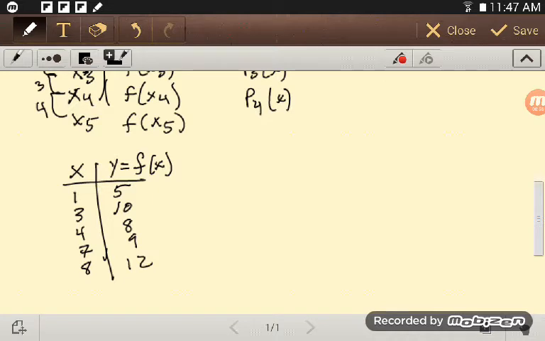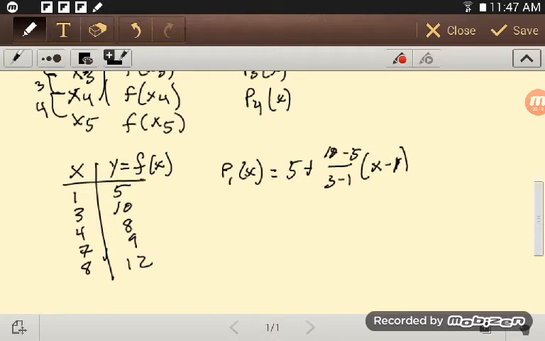Then I can actually make each section. So P1 of x is 5 plus 10 minus 5 over 3 minus 1 times x minus 1. And that is for x between 1 and 3, with x strictly less than 3, I guess.